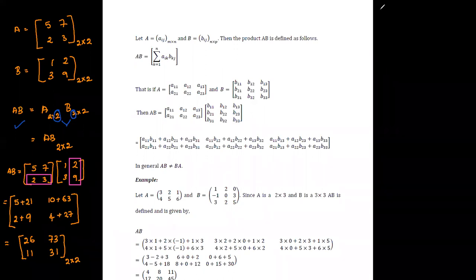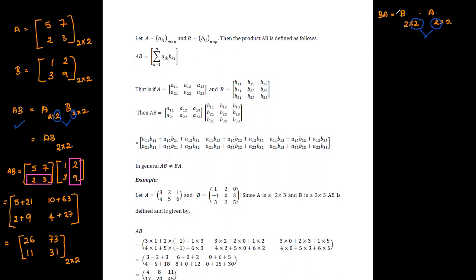Now we will see whether we can obtain this matrix product. Now I will try to obtain matrix product BA. If I am going to obtain this matrix product, I will have B having the dimensions 2 by 2, matrix A having the dimensions again 2 by 2. If you see the number of columns in first matrix with number of rows in second matrix, here we can identify that these are similar numbers.